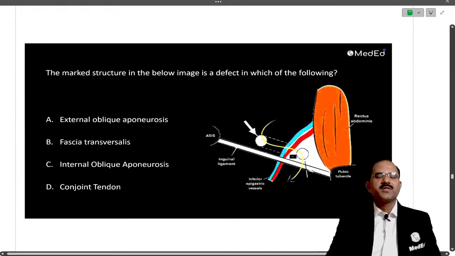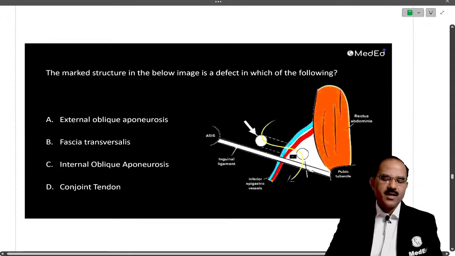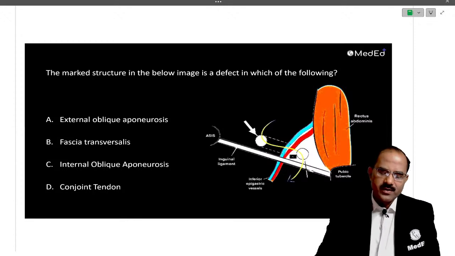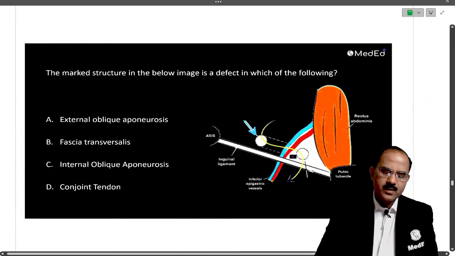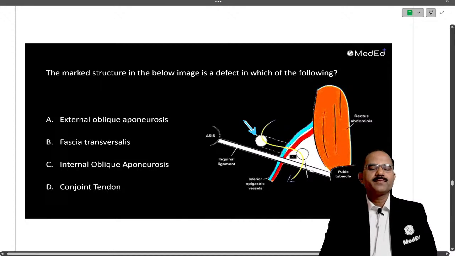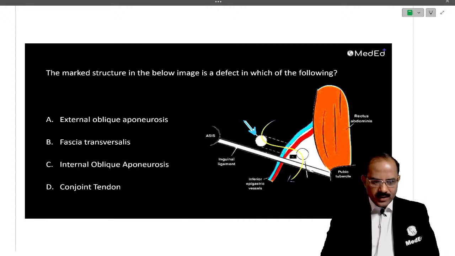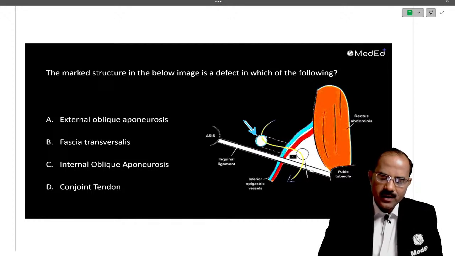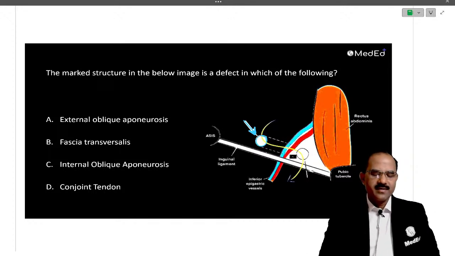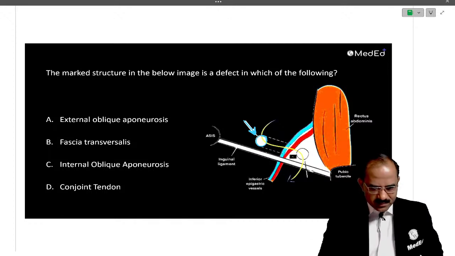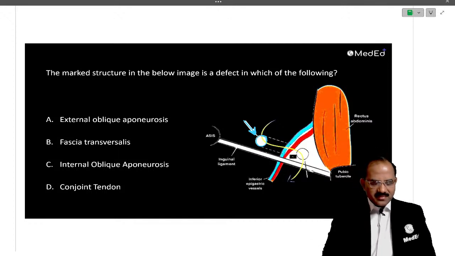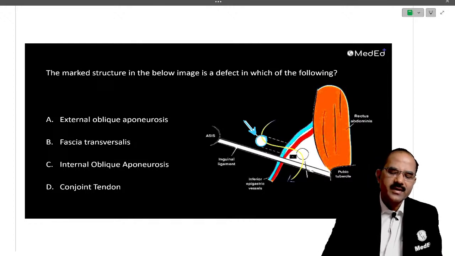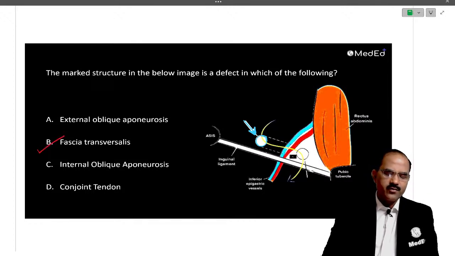Here, can you answer this, bacho? A very easy MCQ for you. The marked structure in the below image is a defect in which of the following? This is the marked structure. What is this marked structure? That's a deep inguinal ring. And a deep inguinal ring is a defect in fascia transversalis.